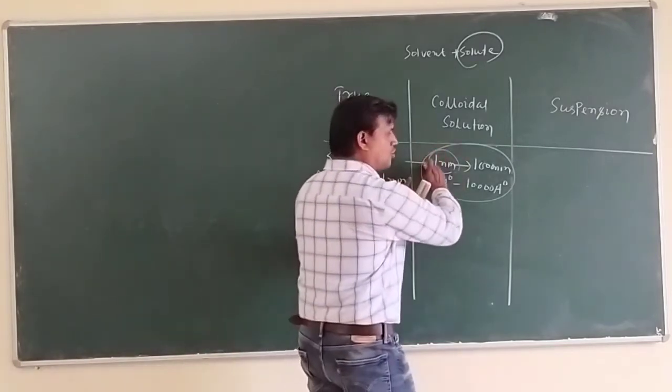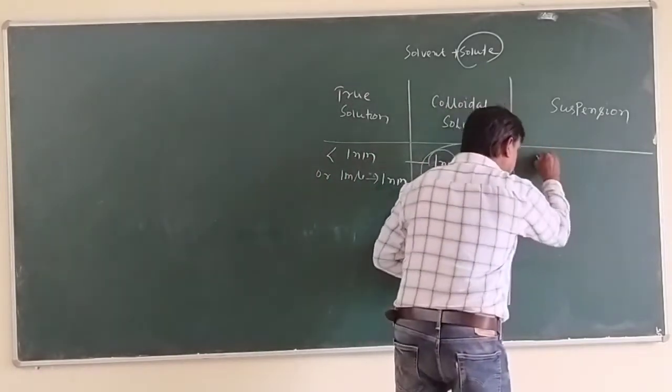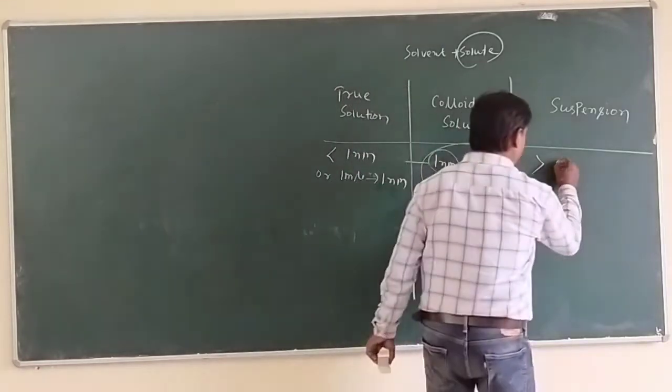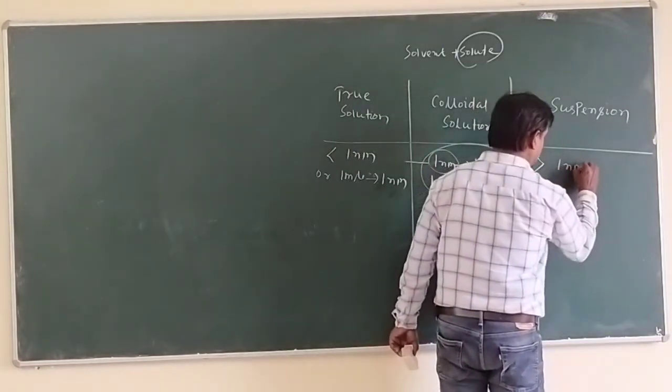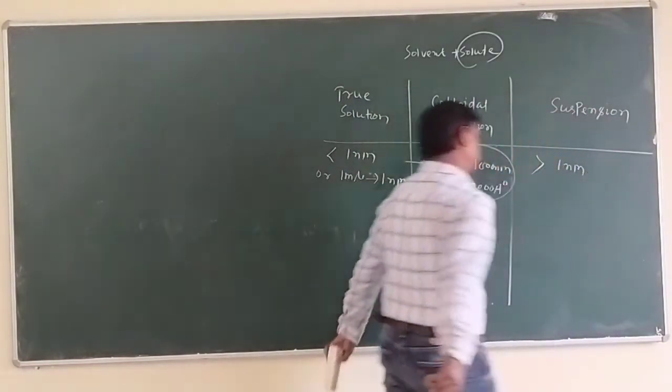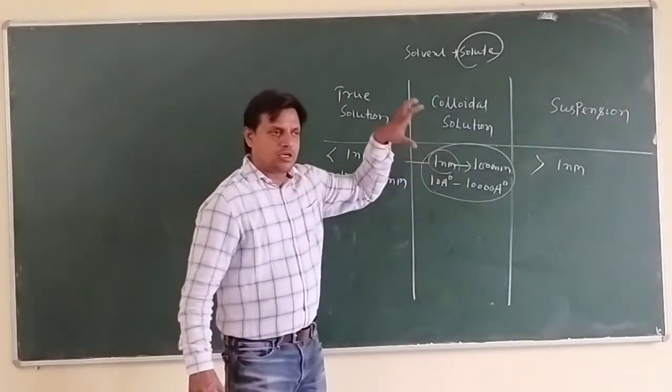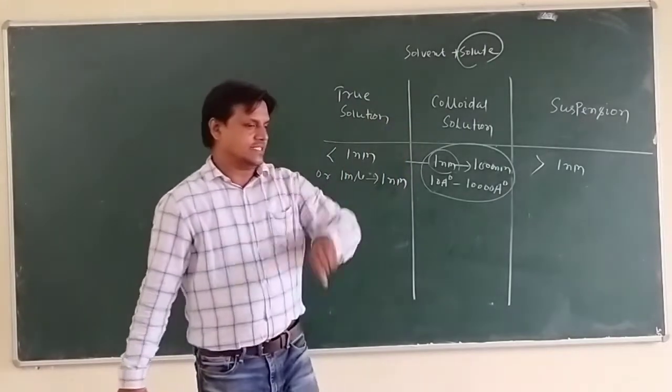From 1 nanometer onwards it is colloidal solution. Greater than 1000 nanometer is known as suspension.